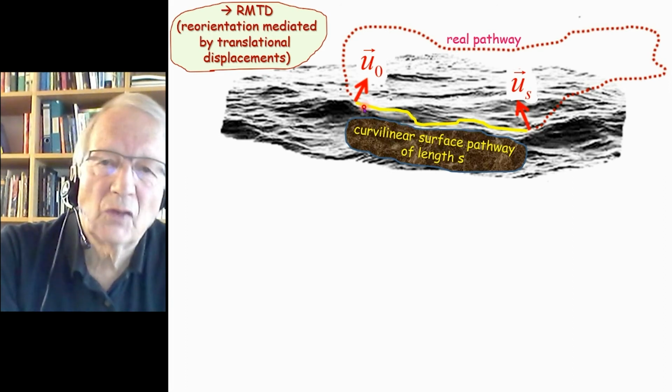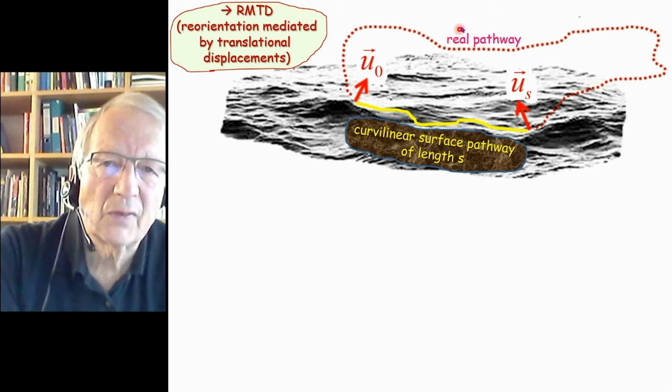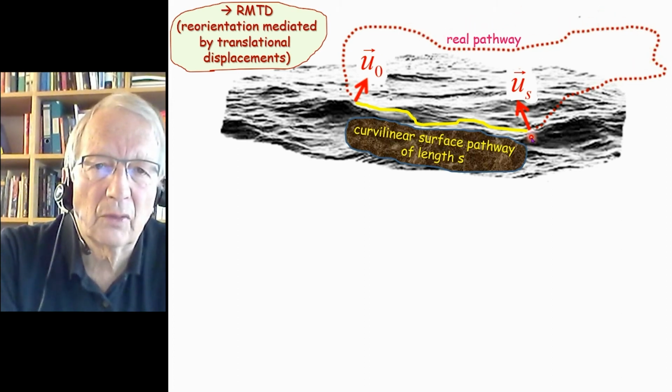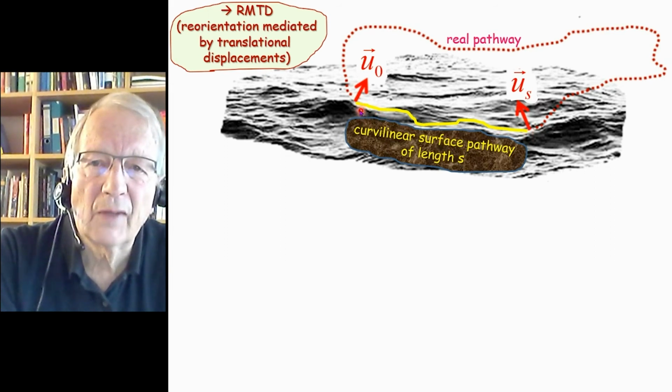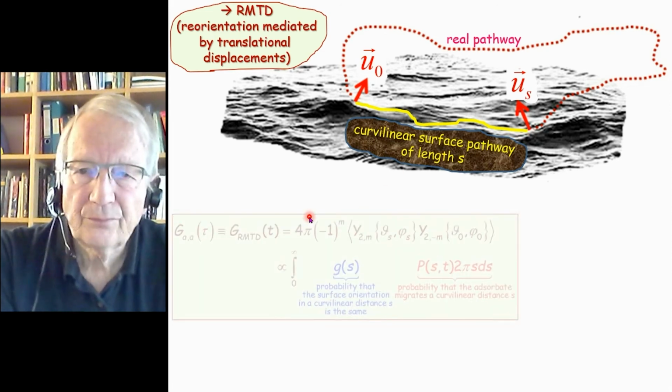So this does not mean that the molecule is really diffusing just along the surface. It can also be desorbed and diffuse in the bulk and return to the surface. It's only important where the molecule is initially and finally, and what orientation applies to these times.